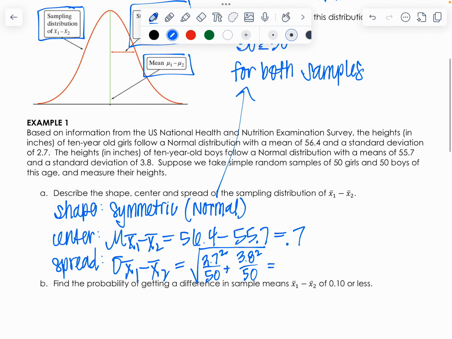All right, so now we're going to calculate that. Square root of 2.7 squared over 50 plus 3.8 squared over 50 is 0.659, so we'll say 0.66.